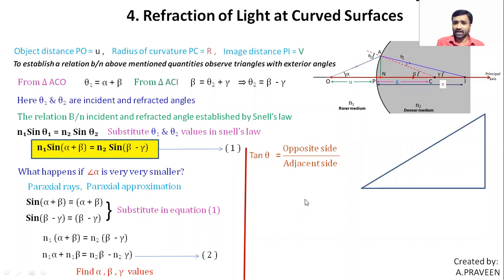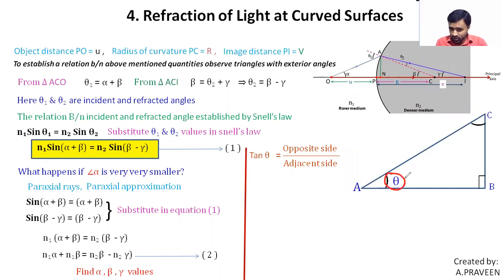Say this triangle is ABC, with the right angle at B. Theta is at vertex A, the right angle at B, and the other angle at C. I want to find tan theta using this triangle. So tan theta equals the side opposite to the angle. Here your angle is at this place, right?